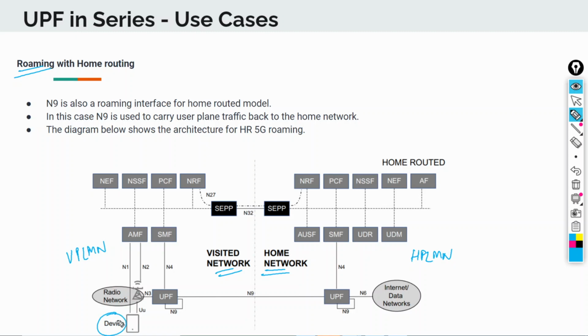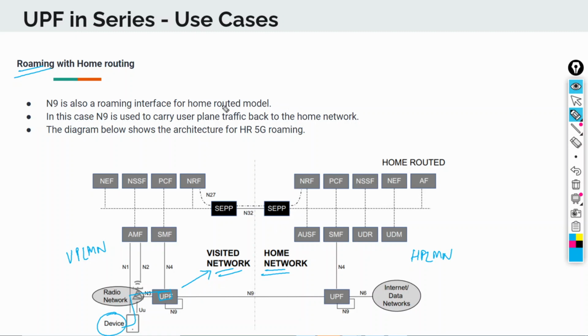So now this device belongs to the home network, but it is roaming in the visited network. In this case, the traffic for this device will hit the NR, the New Radio, and the tunnel from the New Radio will terminate on the UPF, which belongs to your visited network.